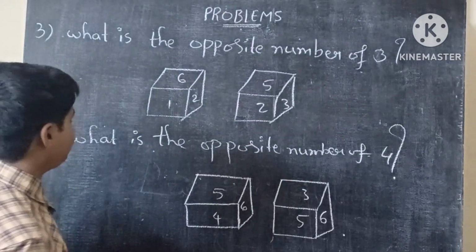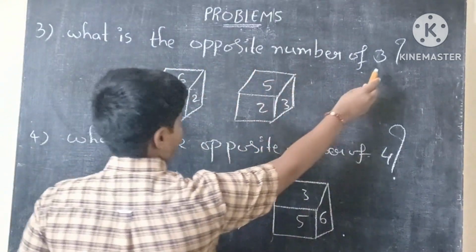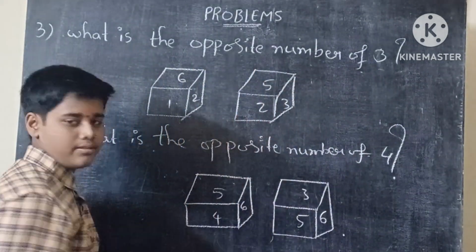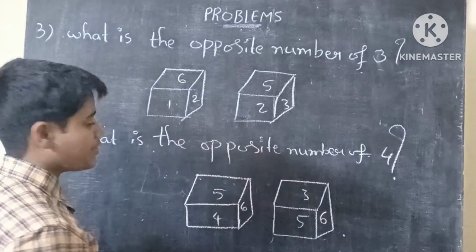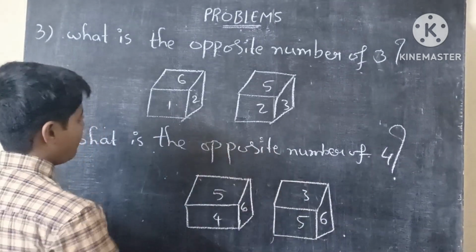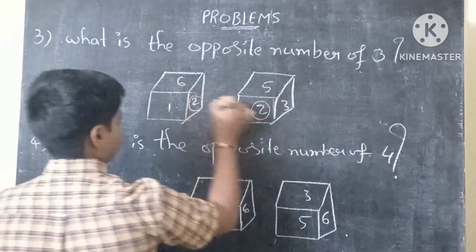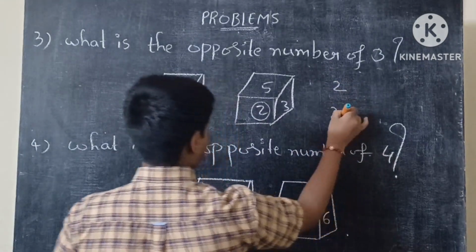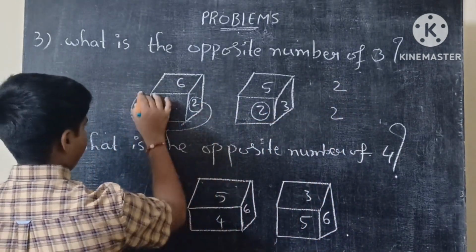In the third question, what is the opposite number of 3 in the given two dice? First we have to take the common number. Here the common number is 2, which means write 2 and 2, and we have to write the clockwise numbers.